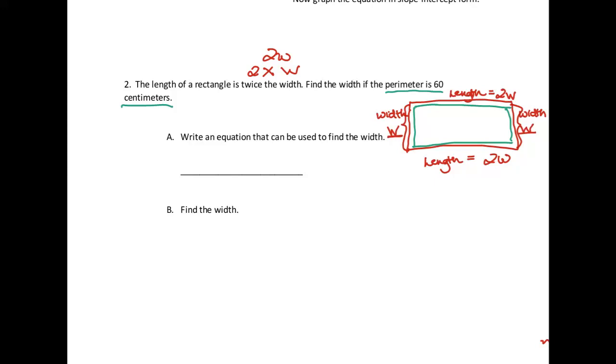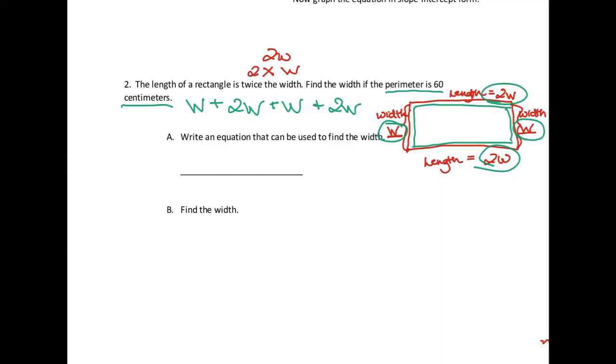So if I start right here, I could say W plus, going around the sides here, 2W plus another W plus 2W.